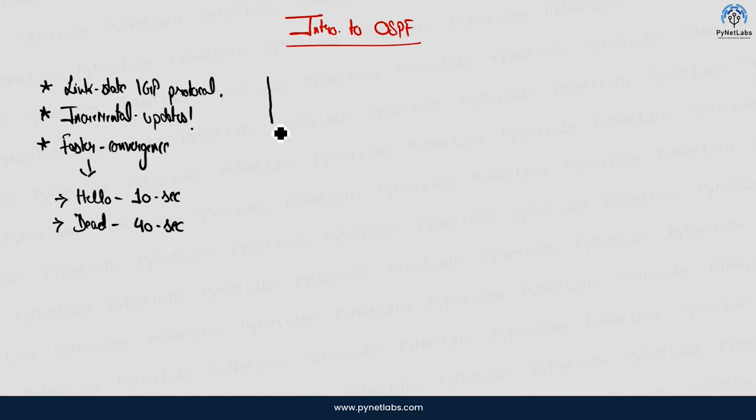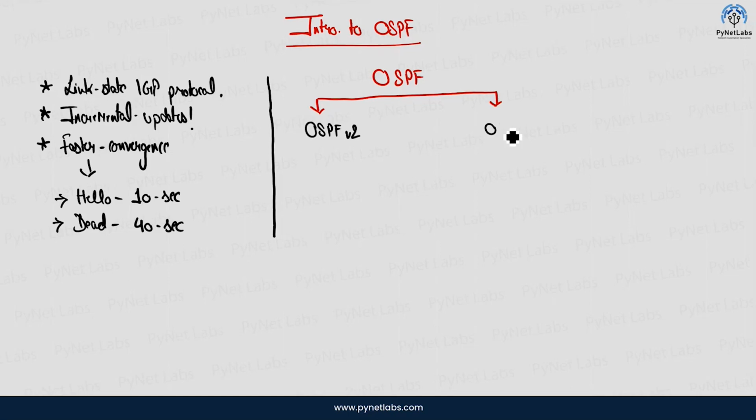Also, one more thing about OSPF is that it is categorized into two versions. When it comes to implementation, OSPF is categorized as OSPF version 2 and OSPF version 3. What's the sense of version 3, and what's the sense of version 2?